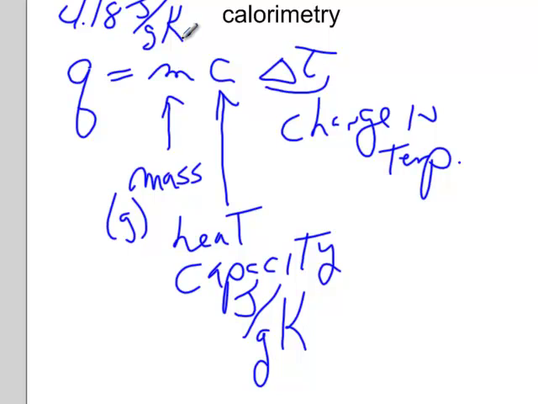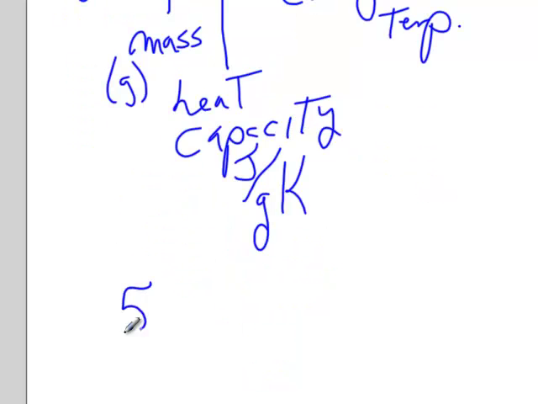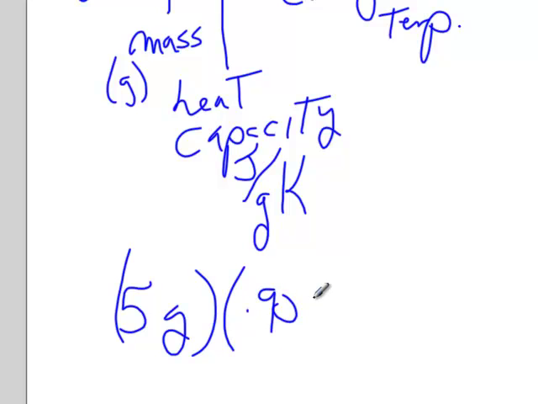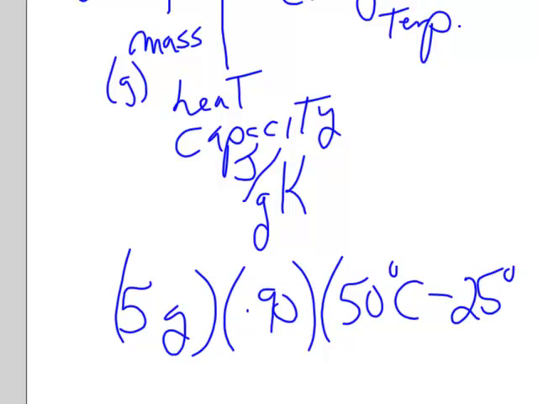These are really just plug and chug problems. They say to you, you have 5 grams of aluminum, and you look up the specific heat capacity of aluminum being 0.90 joules per gram degrees Celsius, and you say that the temperature of that piece of aluminum rises from 25 degrees Celsius to 50 degrees Celsius.